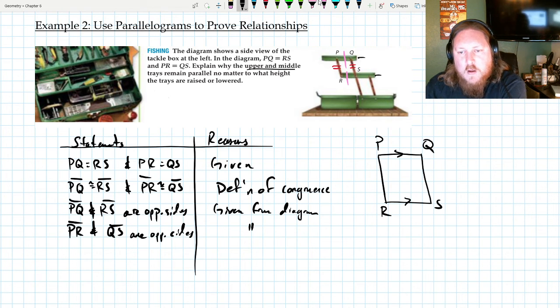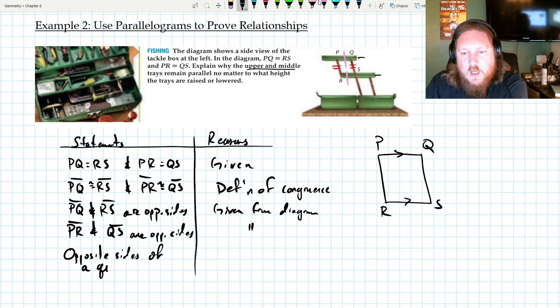And we have shown that opposite sides of a quadrilateral are congruent. That's what we've shown so far, right?